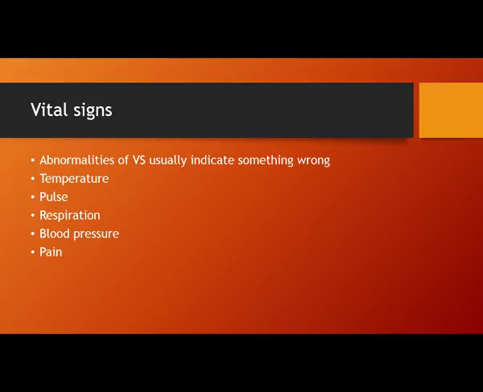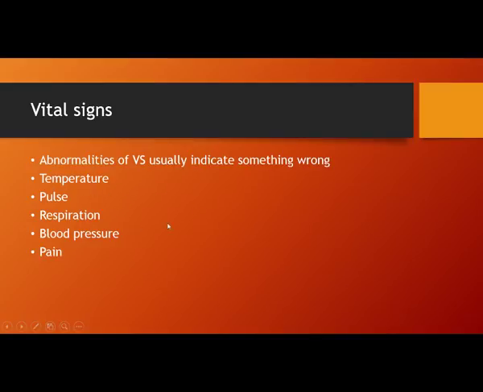We have, for example, people that have bradycardia and absolutely nothing is wrong. They just have very conditioned hearts. So there can be some abnormalities that don't indicate something is wrong, but when you find an abnormality, you need to investigate it. Is this something that the patient usually has, or is this a new thing that's indicating something wrong?